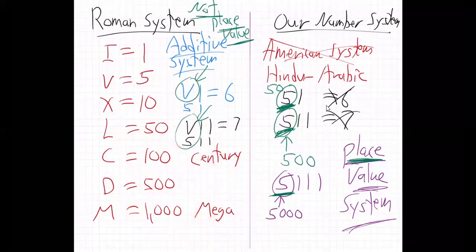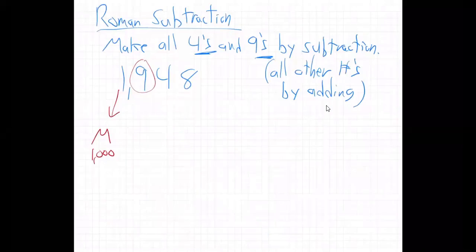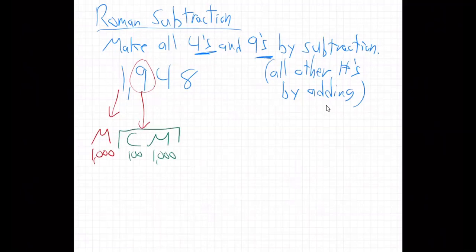So let's go back and do exactly that. This is going to be CM because that's 100 to the left of 1,000. So there it is. There is the number 900.